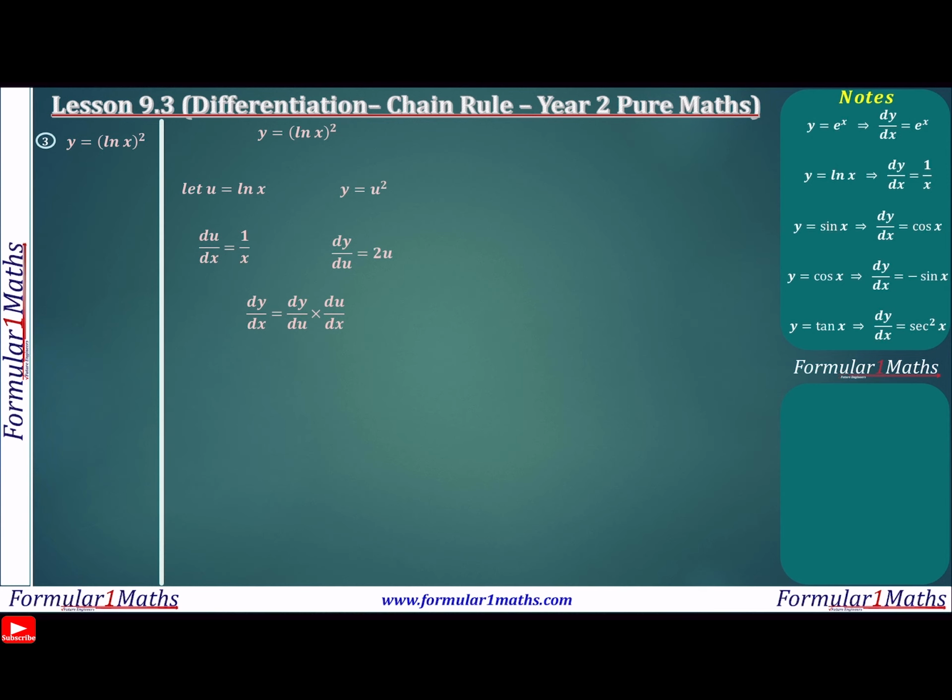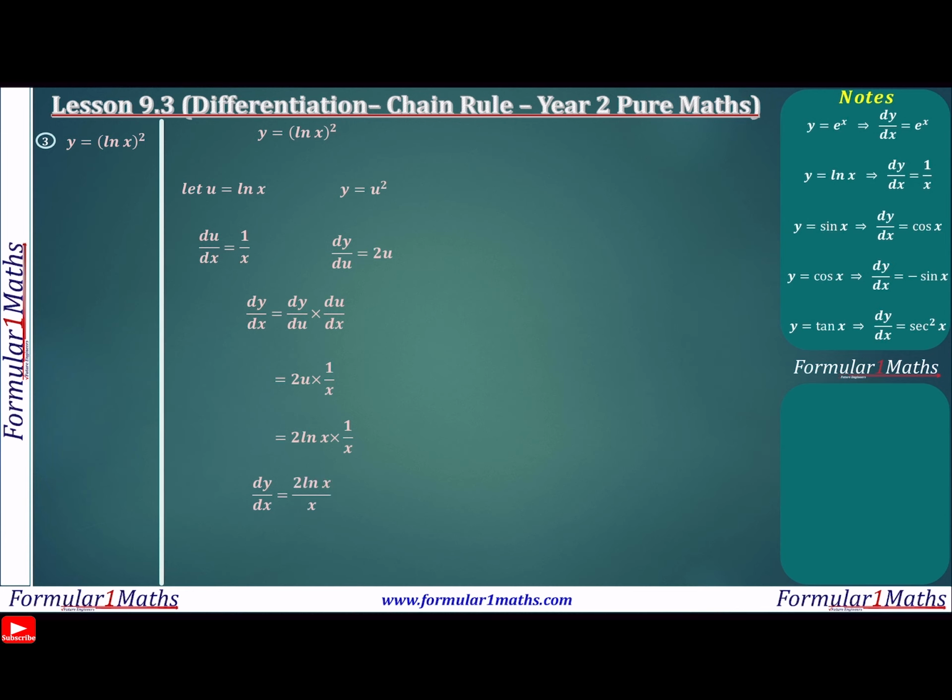Then I'm going to use the chain rule formula: dy du is 2u, and du dx is 1 over x. So that will give me 2u times 1 over x. But u is equal to ln x. So I'm going to get 2 ln x times 1 over x. And writing this nicely will give you 2 ln x over x.